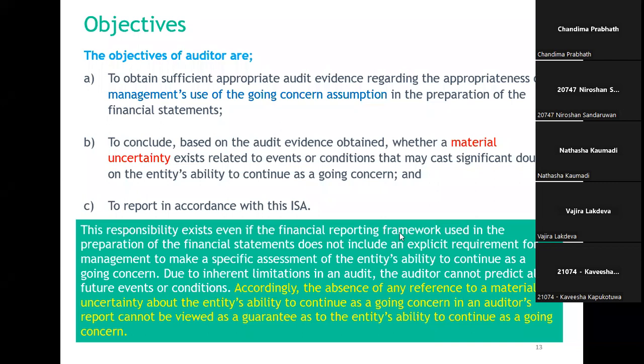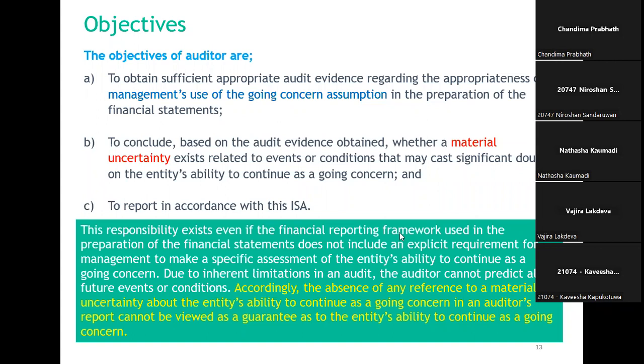The second one, to conclude, based on the audit evidence obtained, whether material uncertainty exists related to events or conditions that may cause significant doubt on the entity's ability to continue as a going concern.